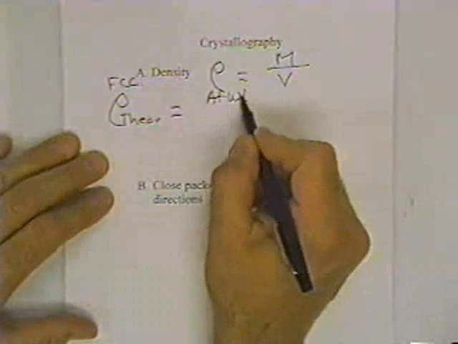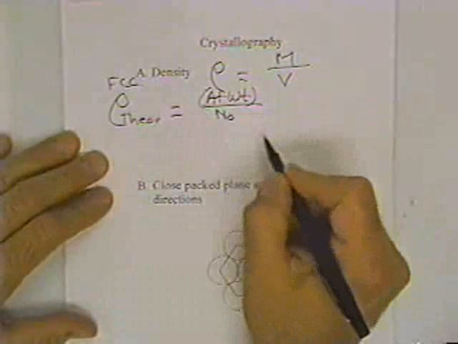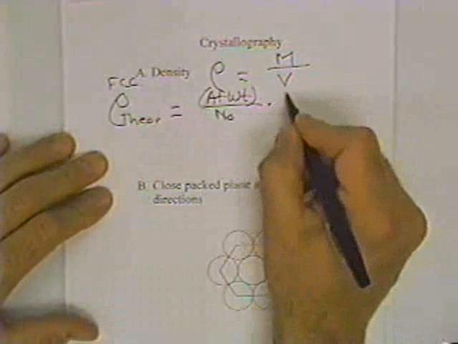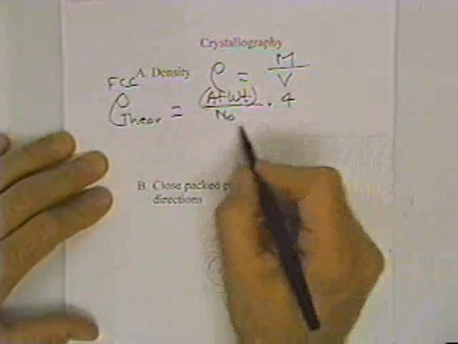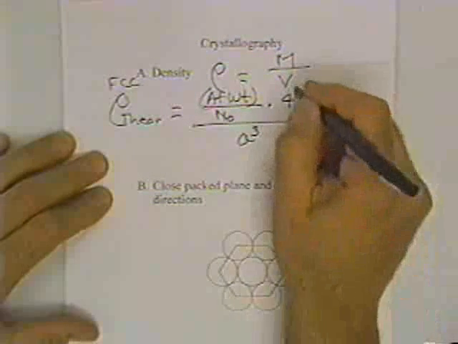The atomic weight divided by Avogadro's number times the number of atoms per unit cell divided by the volume of the unit cell.